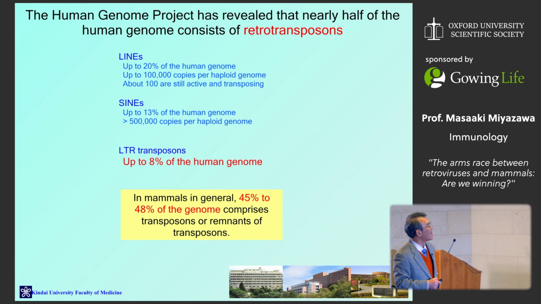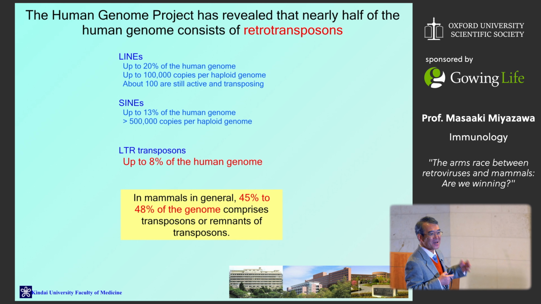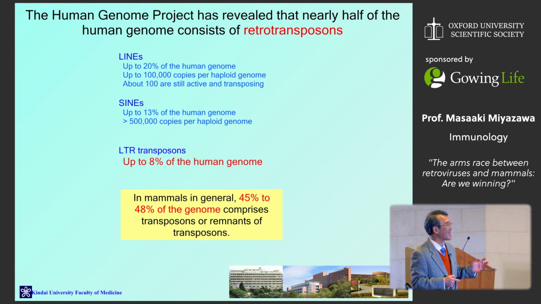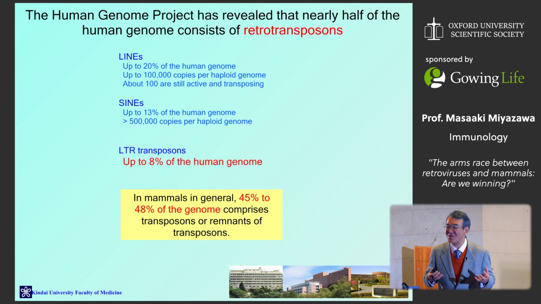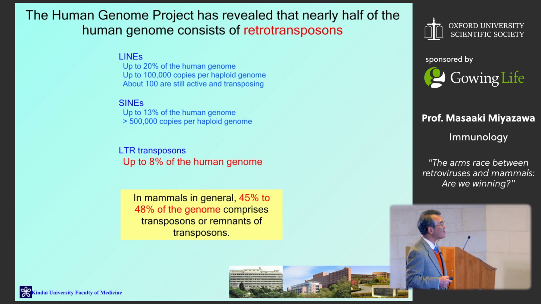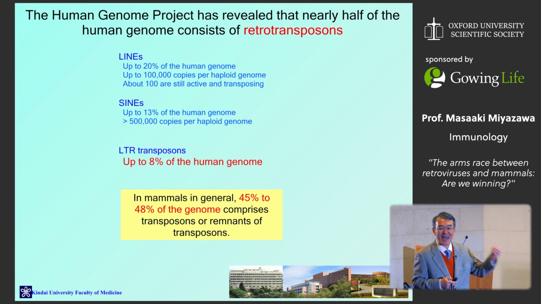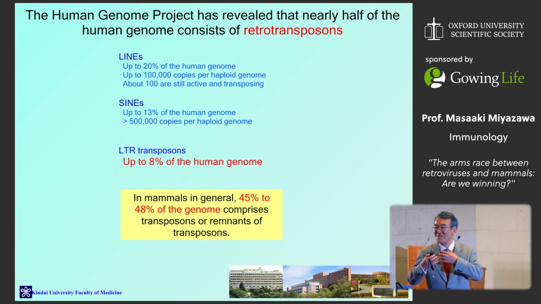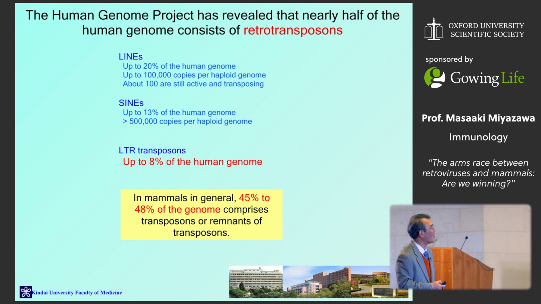So the most unexpected discovery made by the Human Genome Project was that up to 45% of our genome is actually filled with endogenous retroviruses that integrated into our genome millions of years ago.